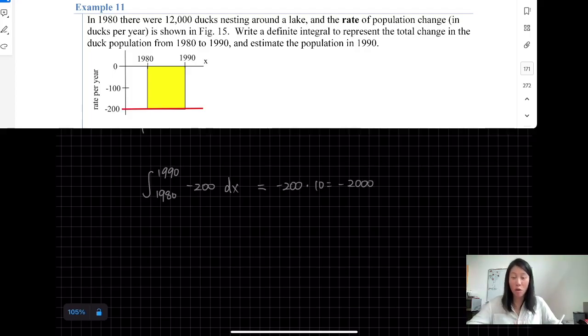So over that decade, the number of ducks decreased by 2,000. But originally the population of the ducks is 12,000. If it decreases by another 2,000, then the population of the ducks should be 10,000.